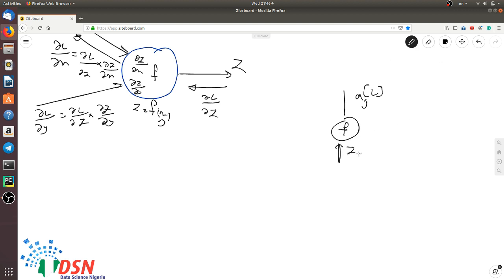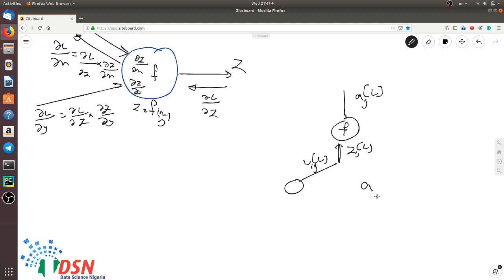So this is the zj of L, wij of L. So this is the input to this neuron, and this is the output.